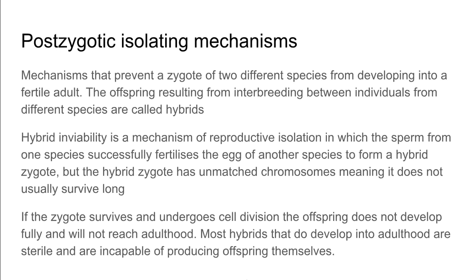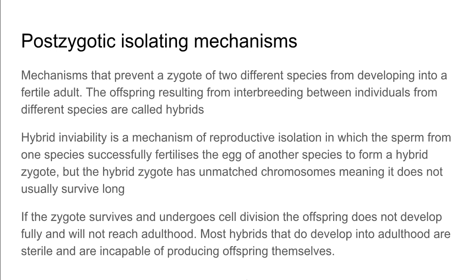And then some post-zygotic isolating mechanisms, and these are mechanisms that prevent a zygote of two different species from developing into a fertile adult. And this usually results from interbreeding between individuals from different species. So individuals that do result from this are called hybrids. So hybrid inviability is a mechanism of reproductive isolation, where the sperm fertilizes the egg of another species to form a hybrid.